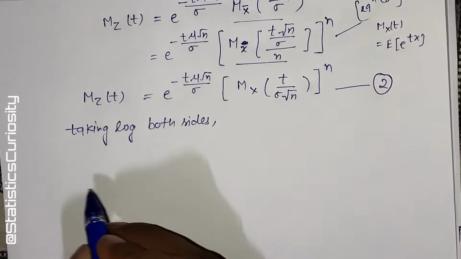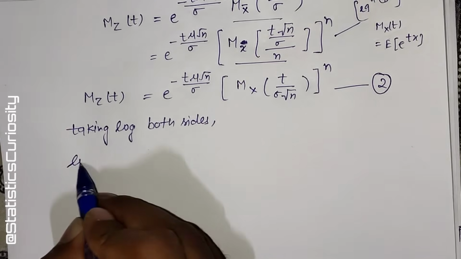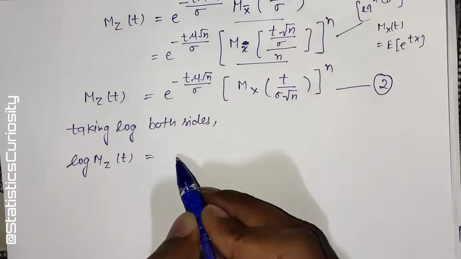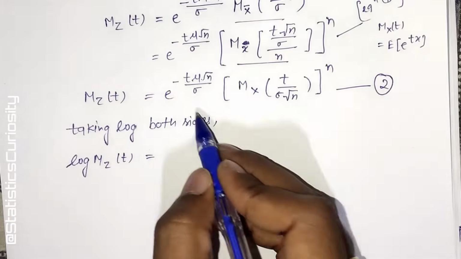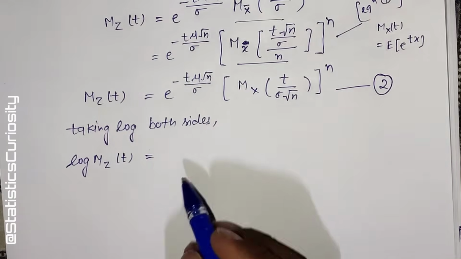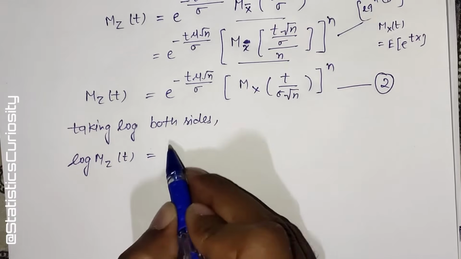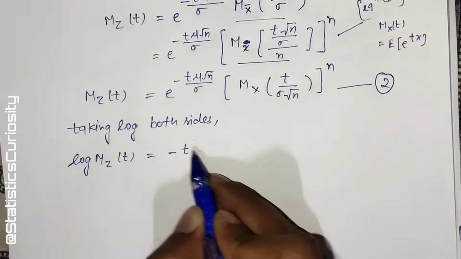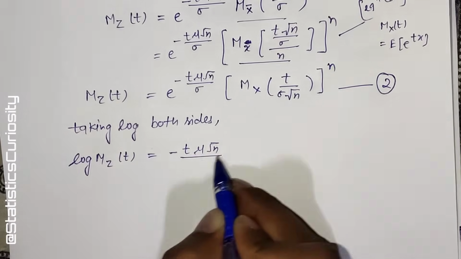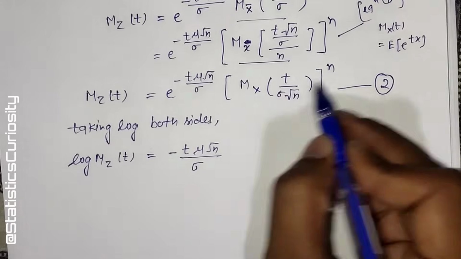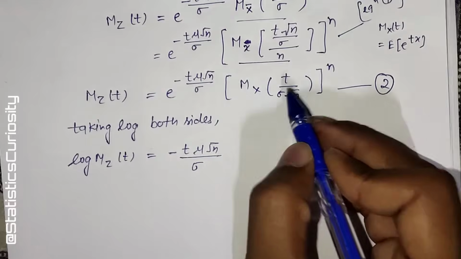By taking log both sides, it will be log Mz(t). This log will cancel that e. It is basically a natural log, so that will be minus t mu square root of n divided by sigma, and we all know log x raised to the power n is n log x.